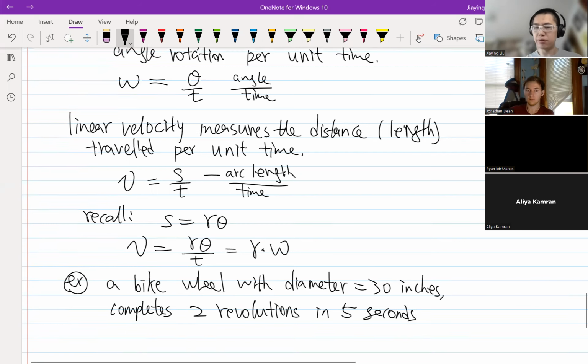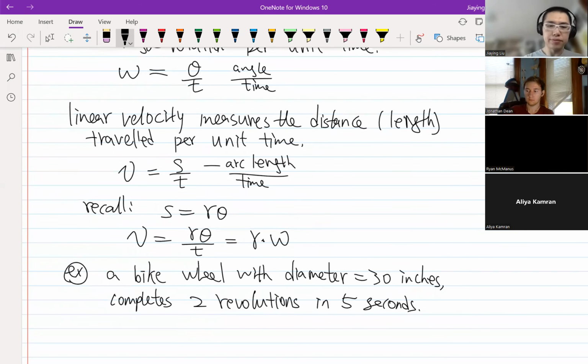And then we want to know the angular velocity.